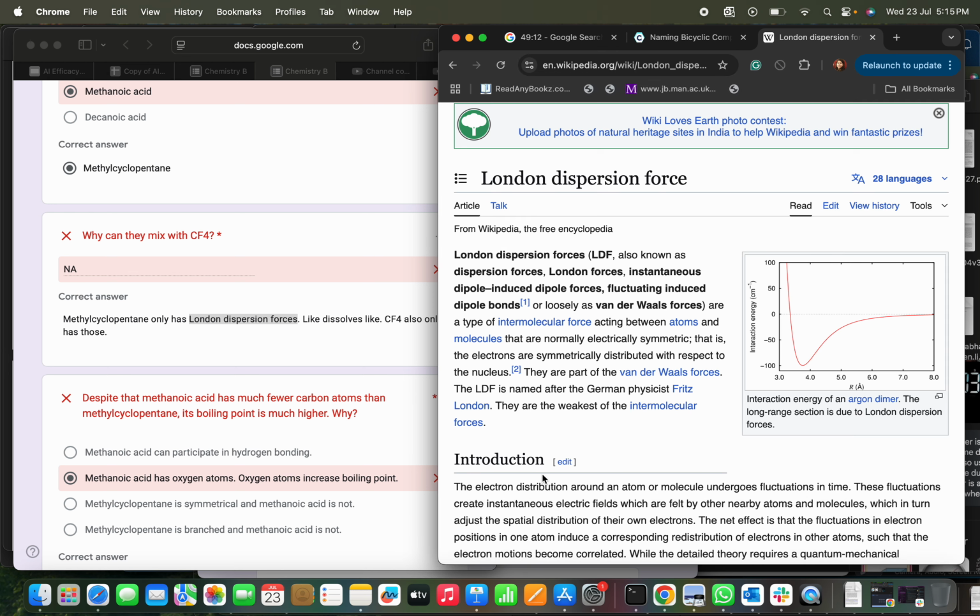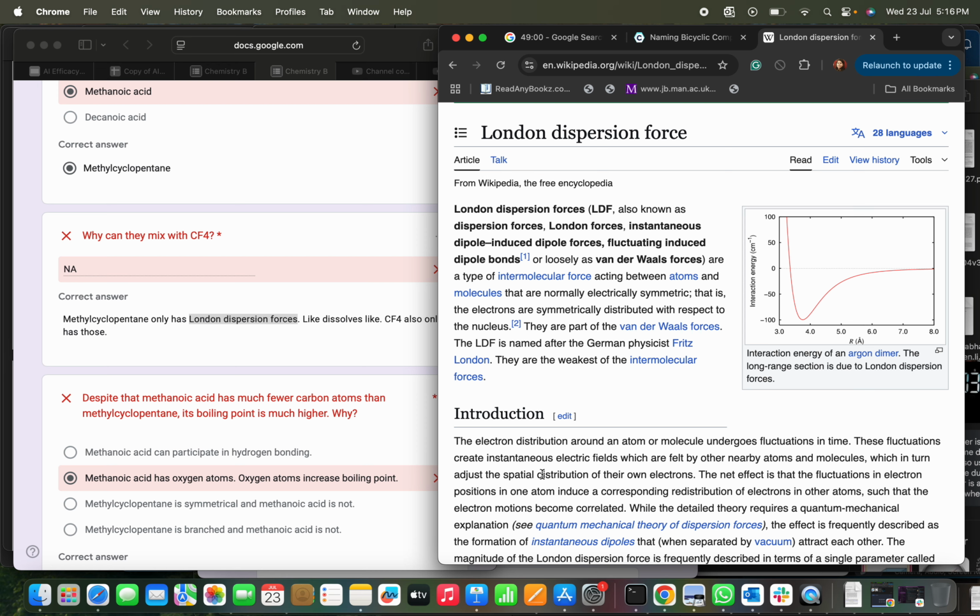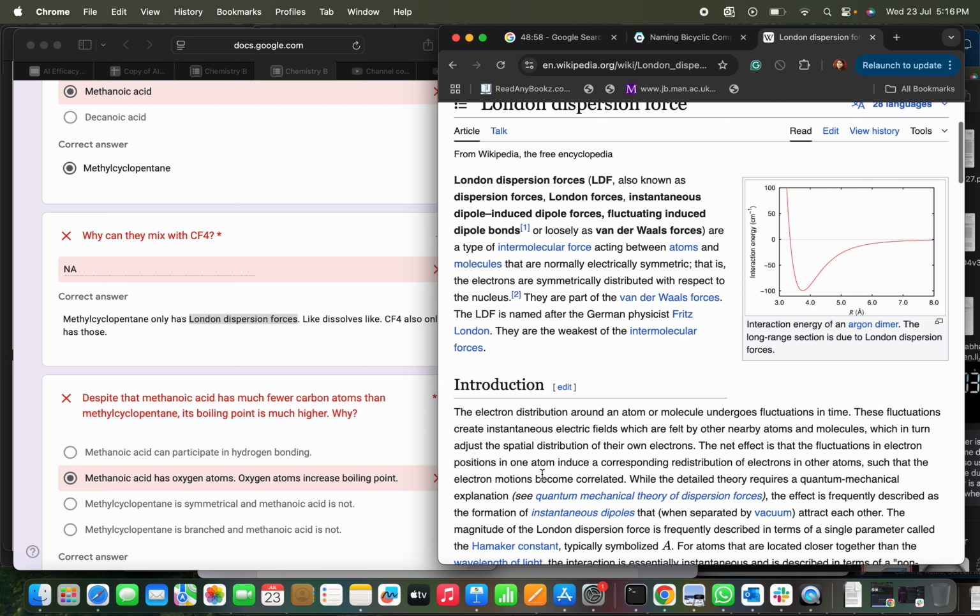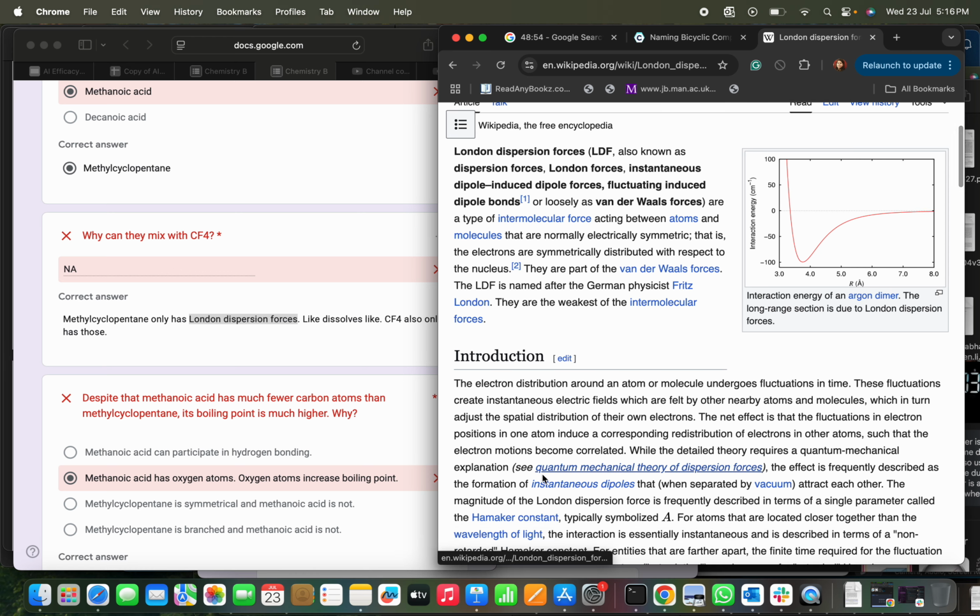London dispersion forces, LDF. London forces, instantaneous dipole-induced dipole forces, fluctuating induced dipole, or loosely as van der Waals forces, are a type of intermolecular force acting between atoms and molecules that are normally electrically symmetric. That is, the electrons are symmetrically distributed.